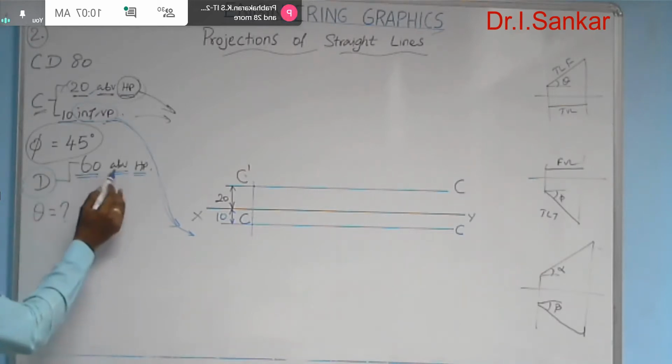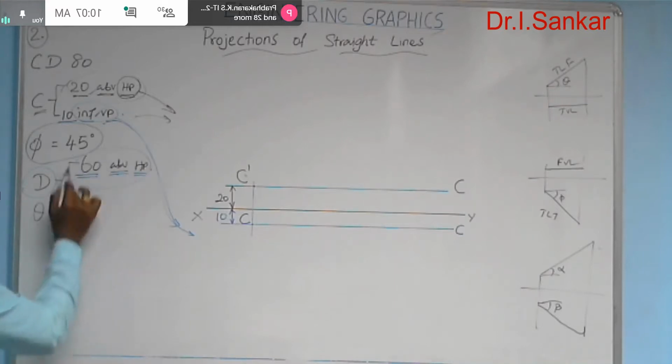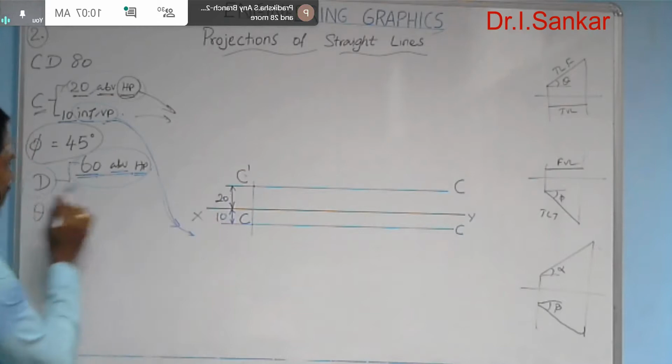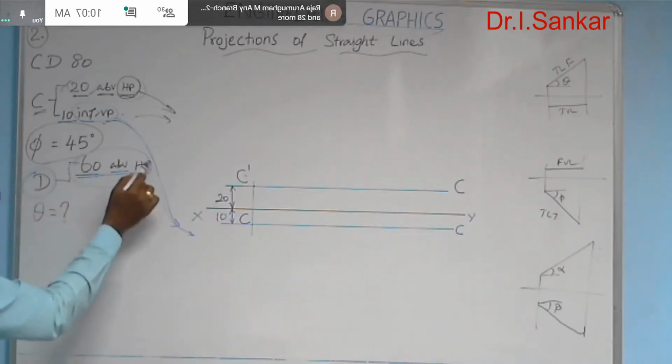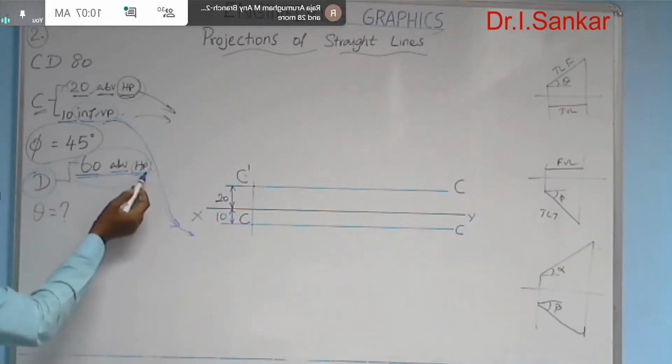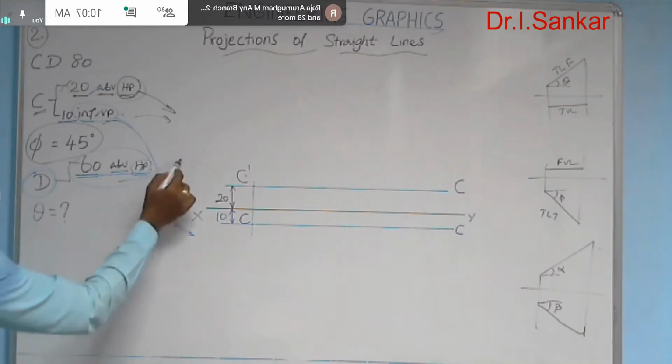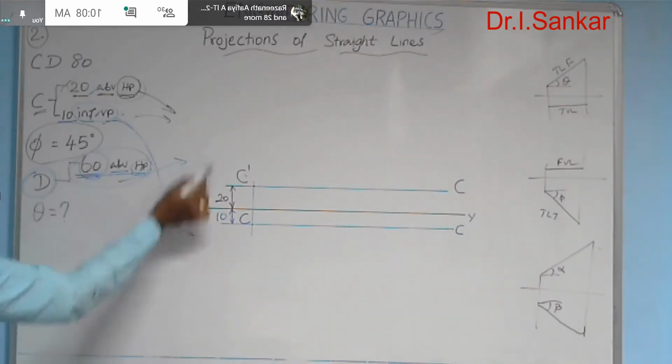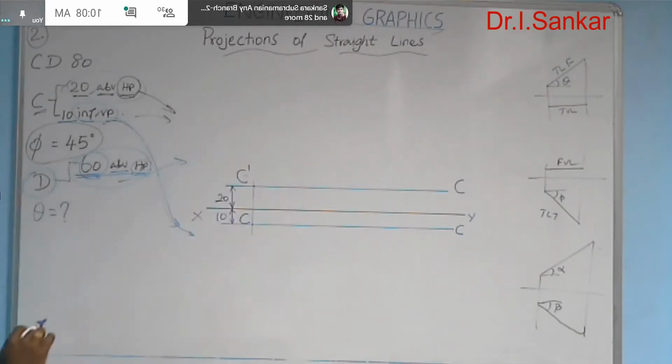So 60 above HP. How can you use this data? By using this data, you can draw the locus of D in the front view area because the distance is given with respect to HP. So you can use it above XY. How much above? 60 mm above XY you can draw a locus. This is nothing but the locus of D in the front view area.